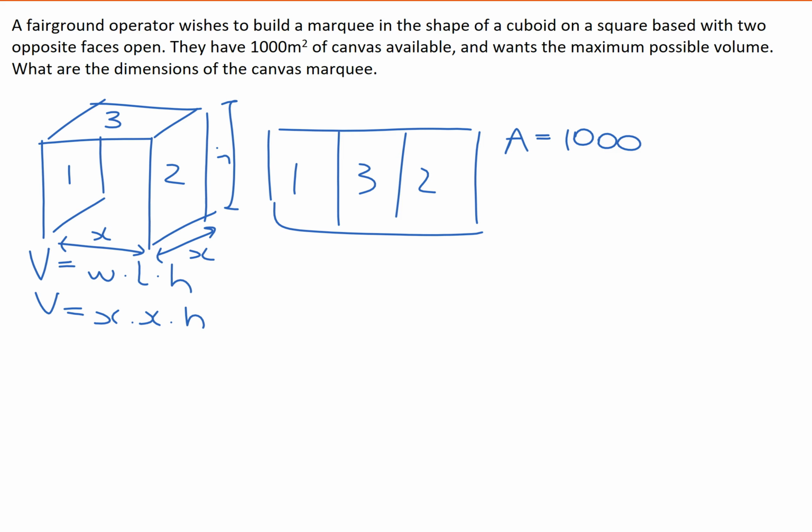But we can't differentiate that just yet. We need a function with only one variable to do this. So here's my canvas that I've stretched out. This is X, isn't it? This one here is X. What are these two?